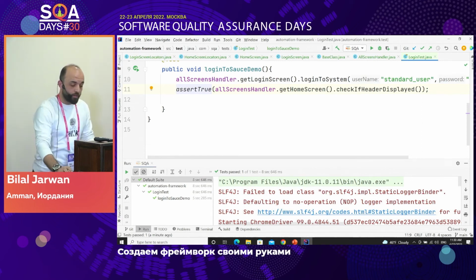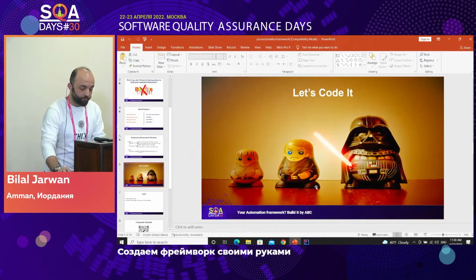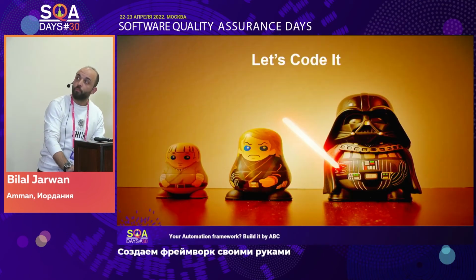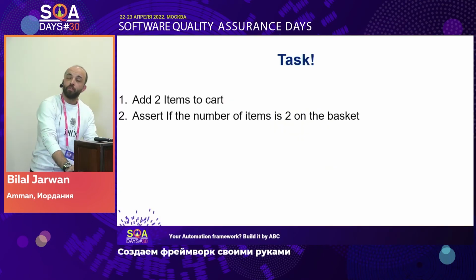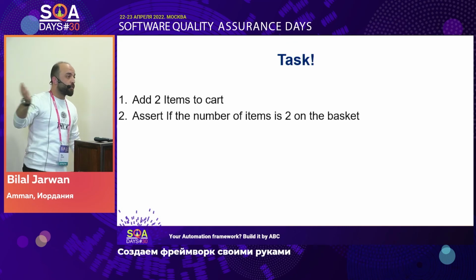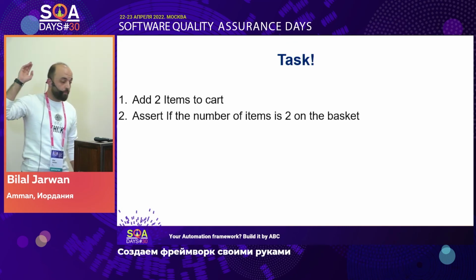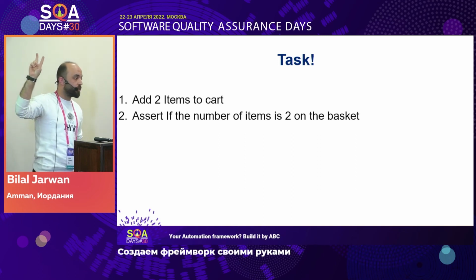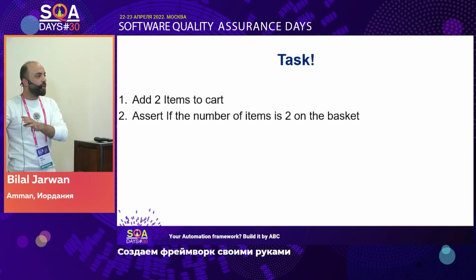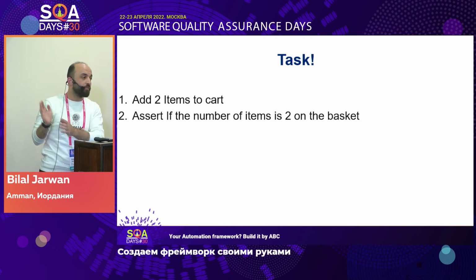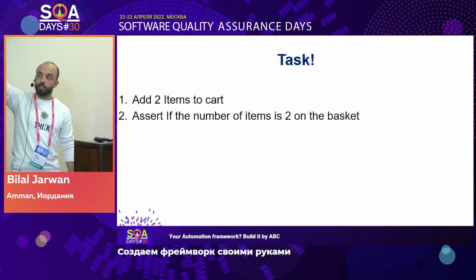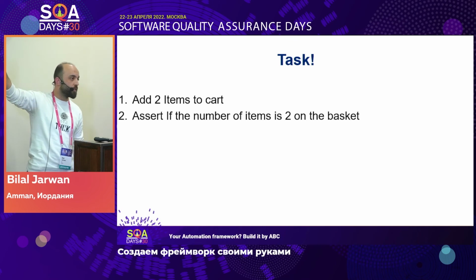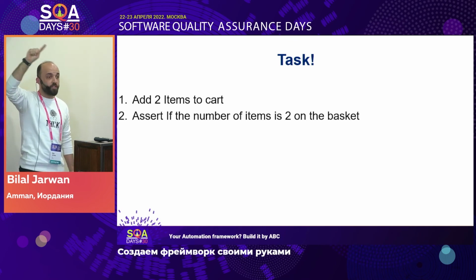So in the presentation, let's go back there. The task will be, after logging into the system, you need to add 2 items to the cart, and you need to make sure that the basket has 2 items by checking that the number is 2.